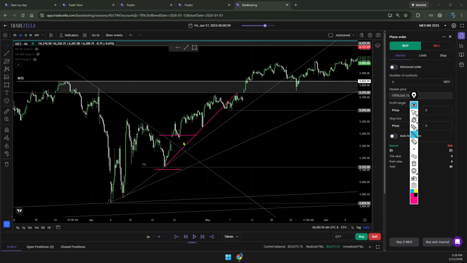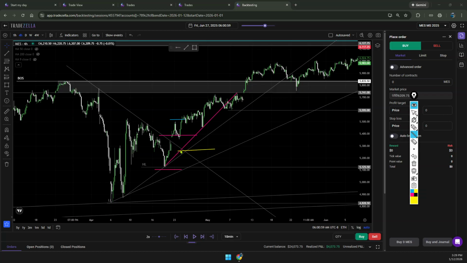And now, you've got this pullback and this pullback right here. If you notice, it cleared this candle right here. So at that point, you could trail this stop loss from this trend line would be right about here.